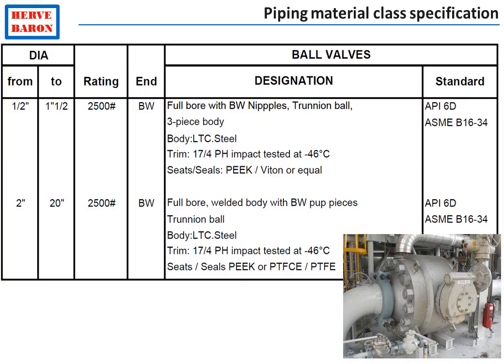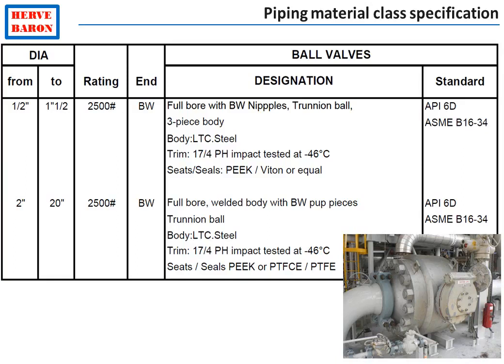This standard also defines the dimensions, in particular the inline dimension of the valve, which enables the piping isometric drawings to be issued without waiting for vendor drawings.